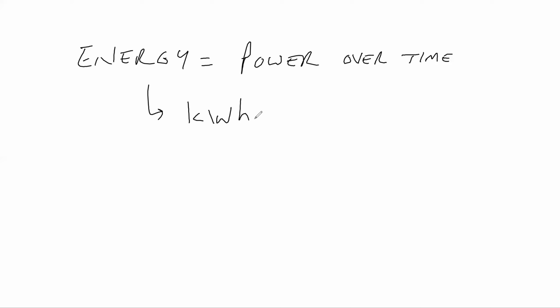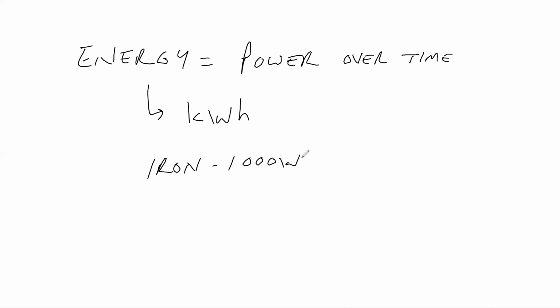Okay, so a kilowatt hour is a kilowatt per hour. It's the amount of energy transferred in 1 hour, right, at the rate of 1 kilowatt or 1,000 watts, right? So if you have an appliance, like an electric iron, for example, it uses about 1,000 watts.